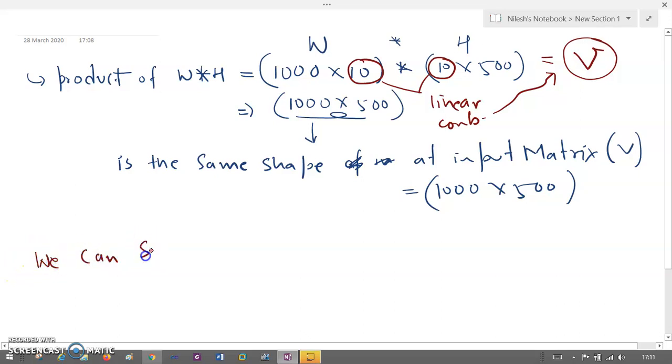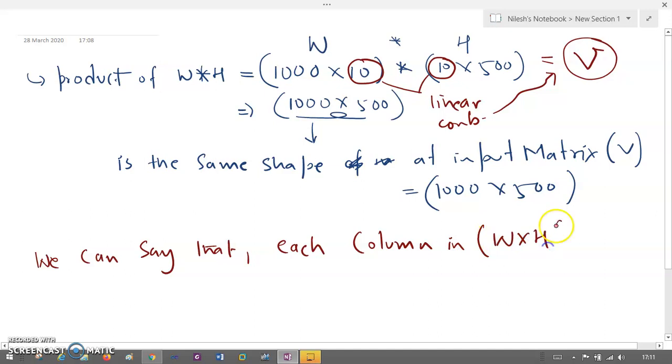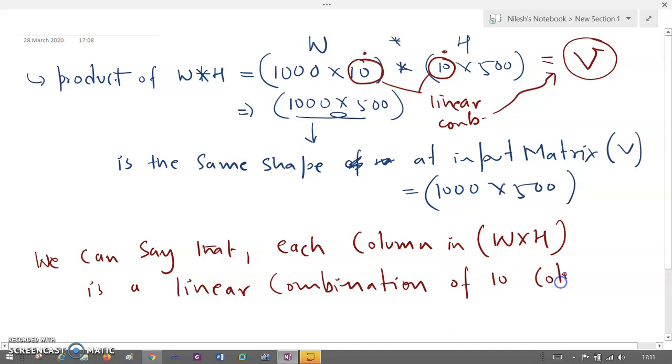So I will write it down here. We can say that each column in W cross H, when I say column, that means this is my column, and this is also a column, is a linear combination of 10 column vectors.